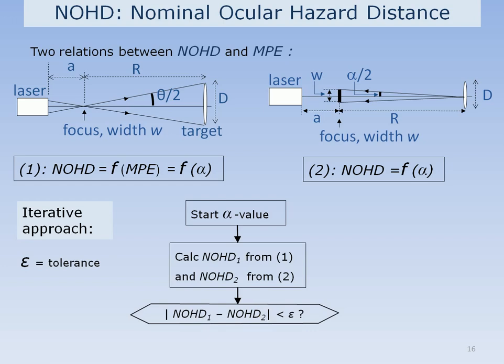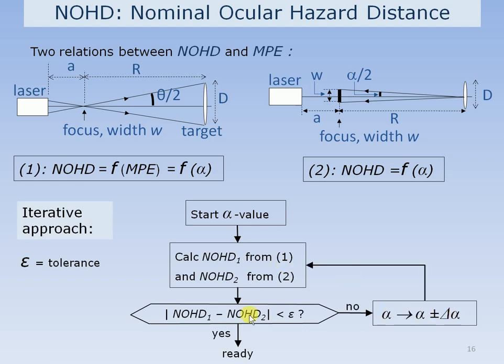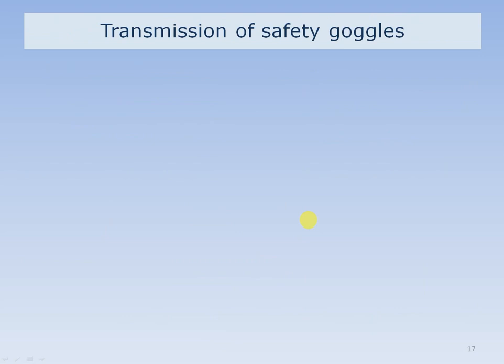If the difference is smaller than the tolerance, then we are ready, but if not, then we have to change the alpha a little bit and calculate again, and go on until we reach that situation. And that is what is done in the computer programs.